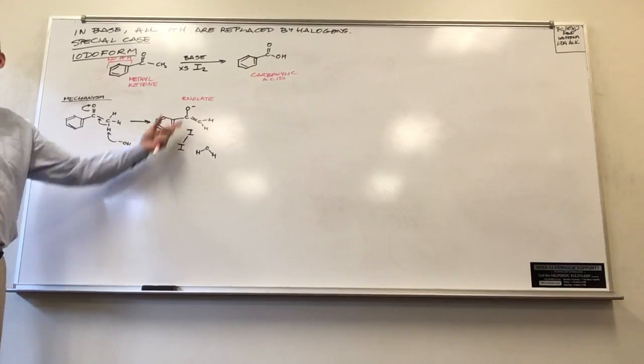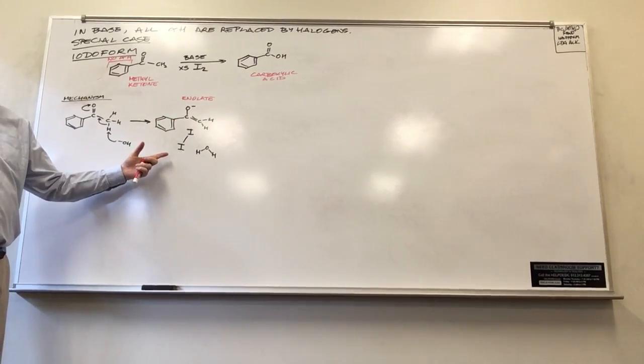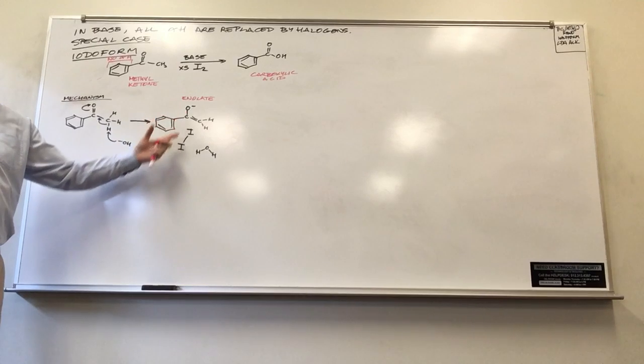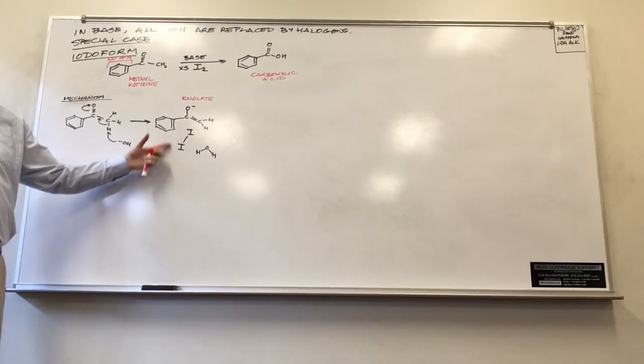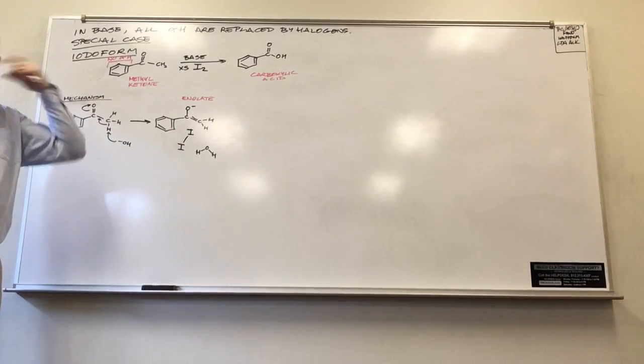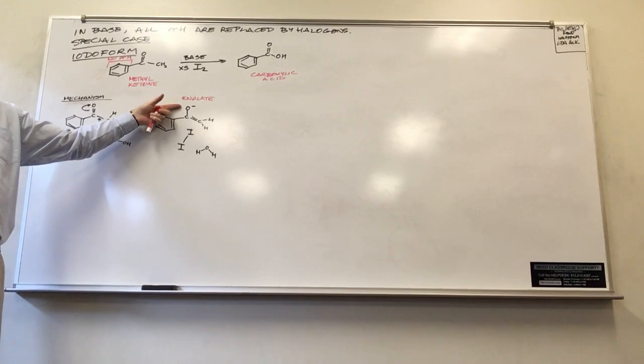What happens next should not be difficult for everybody to visualize because we've already done it. Only this time around, we don't have to reconcile that there's a positive charge on the oxygen after we're finished.